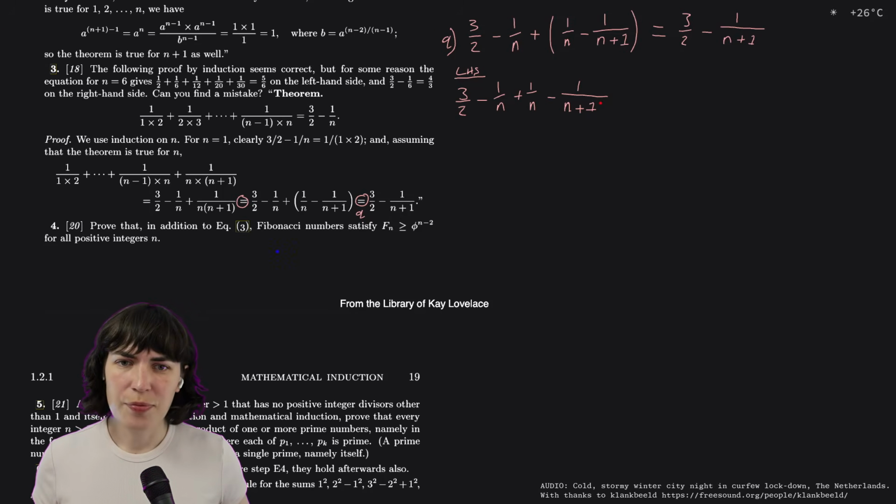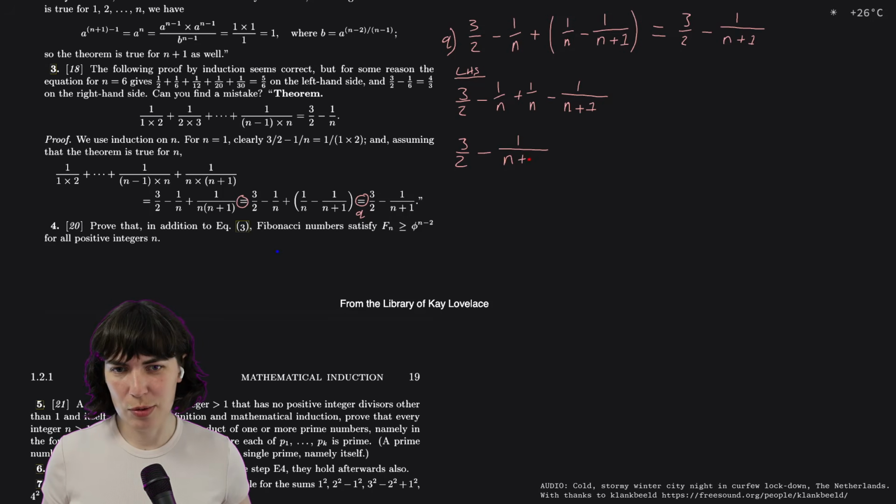And then these cancel each other out. So we've got 3 over 2 minus 1 over n plus 1.